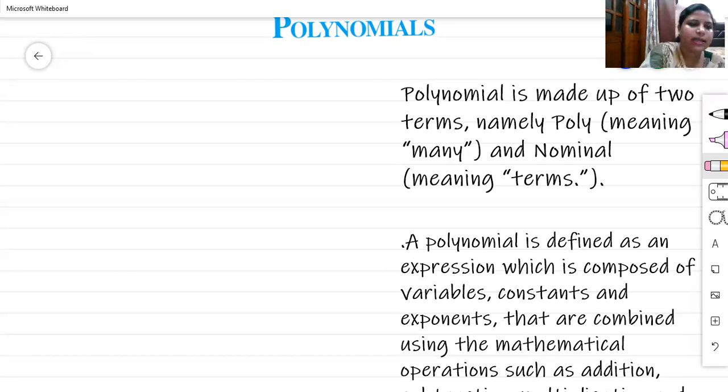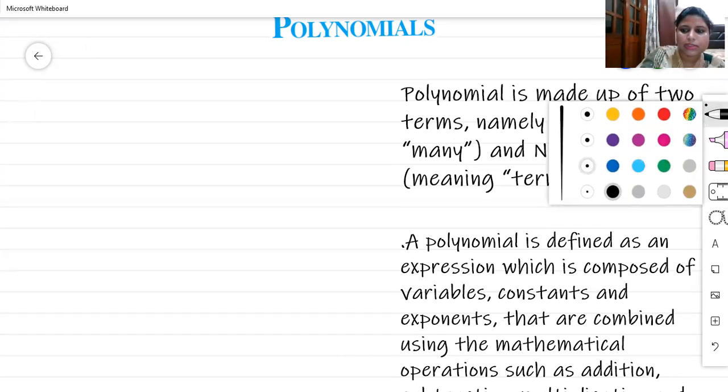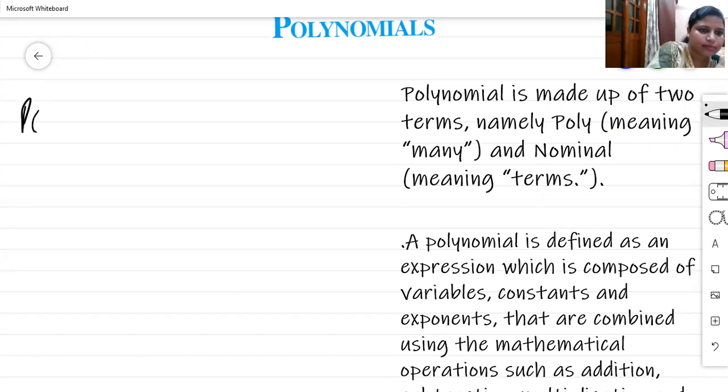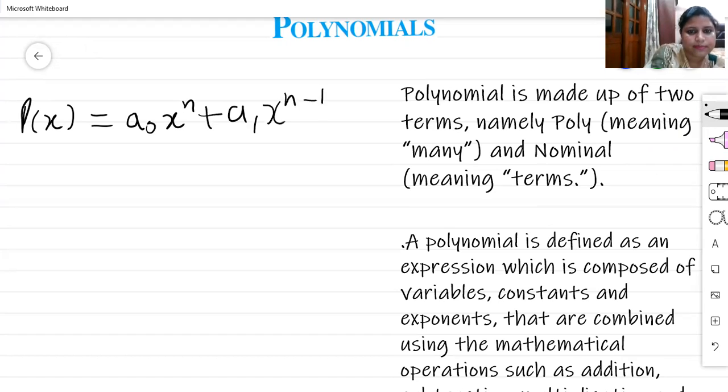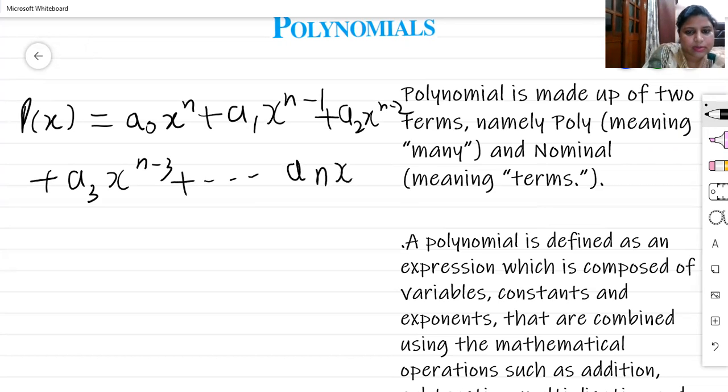So let us consider an expression to understand the polynomial. p(x) equals a naught x^n plus a1 x^(n minus 1) plus a2 x^(n minus 2) plus a3 x^(n minus 3) and so on up to x naught.